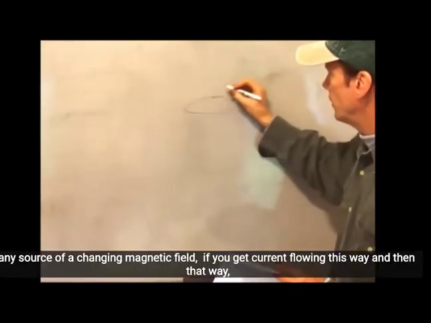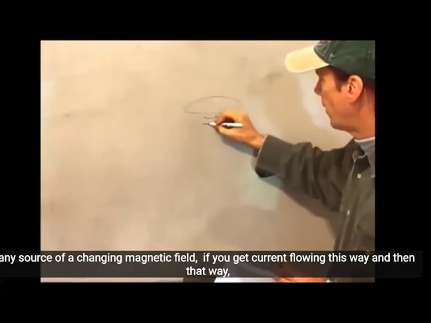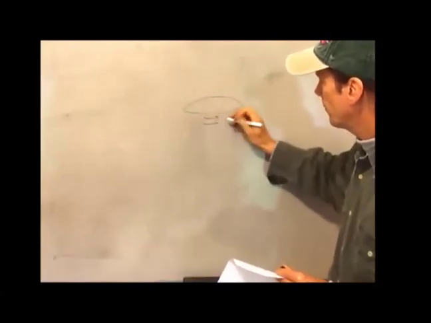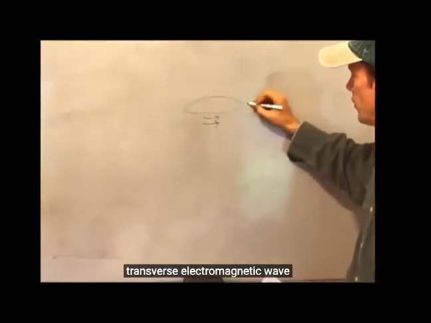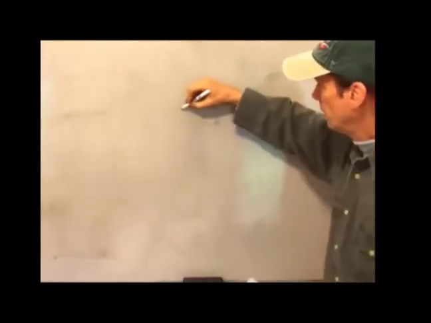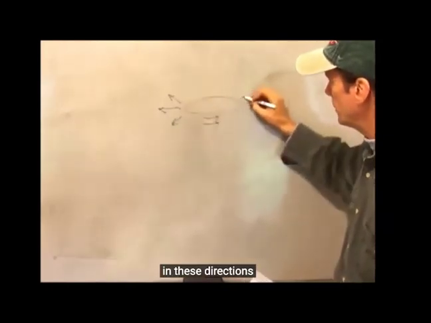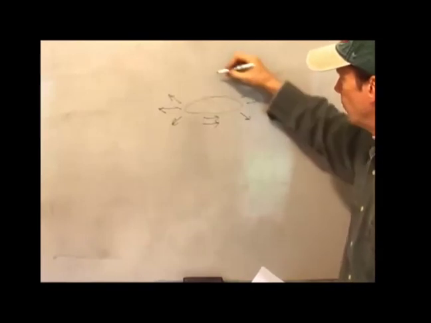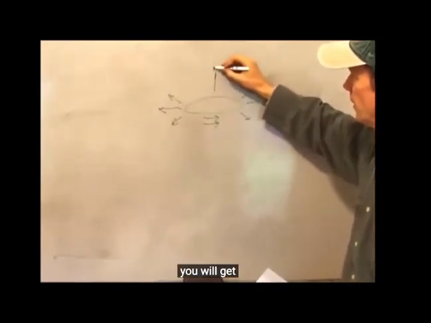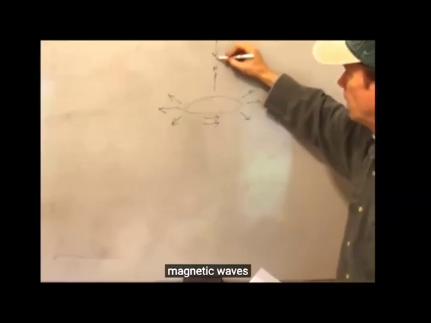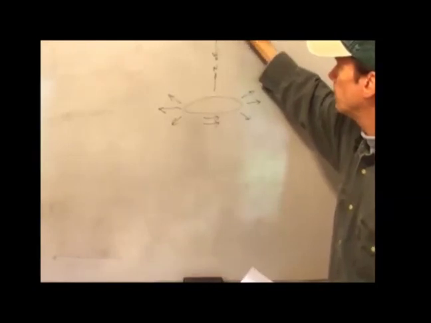any source of a changing magnetic field, if you get current flowing this way and then that way, you'll get your transverse electromagnetic wave radiated out in these directions. But in the so-called null direction, you will get magnetic waves going this way also.